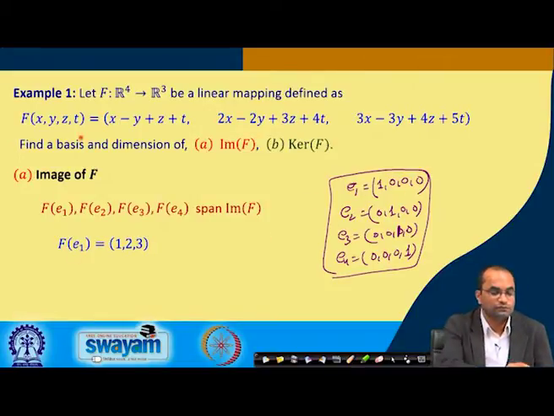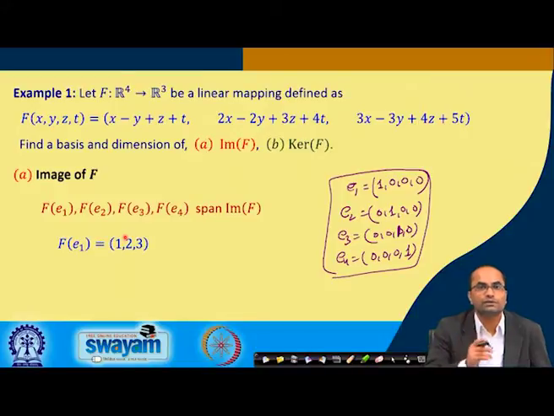Now if we apply f on e1, we get 1 from the first component, 2 from the second, and 3 from the third, so e1 is mapped to (1, 2, 3).